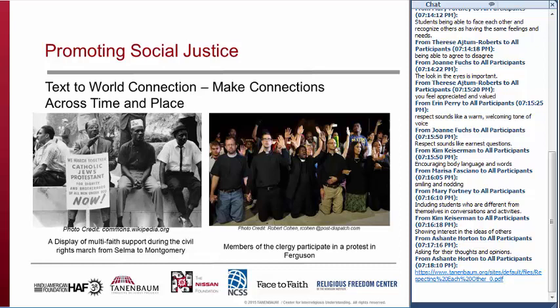And while students may know the words civil rights movement, they may not remember the intricate way in which religious belief and ideal and identity was interwoven into both actions that people took as well as stances that they made. So this was a moment, if you will, to make that text to world connection over time and place where we see similar kinds of engagement by people who are leaders within religious communities.